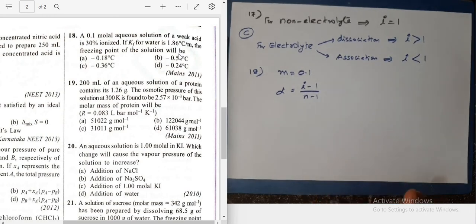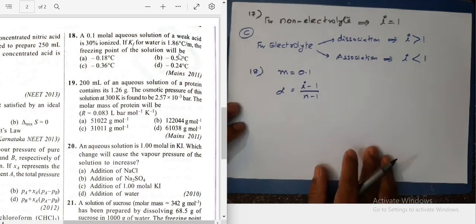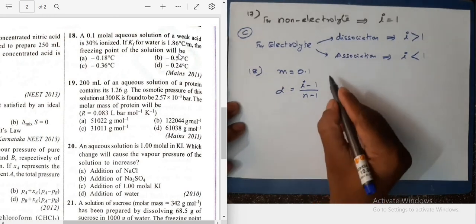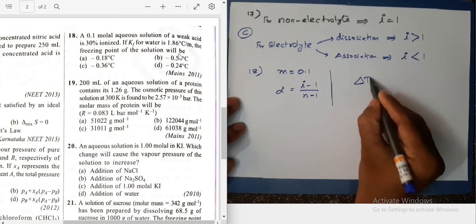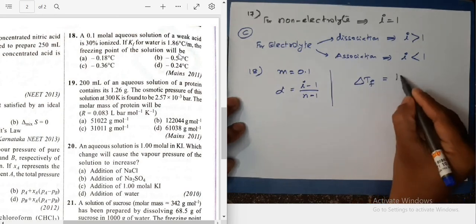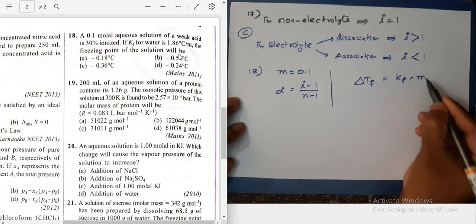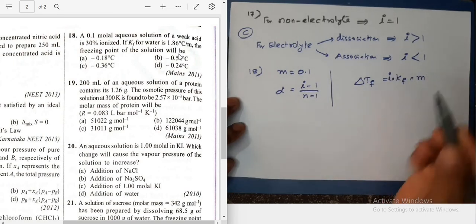Let me keep this information as such. You know very well, delta Tf is equal to Kf into molality into Van't Hoff factor i.